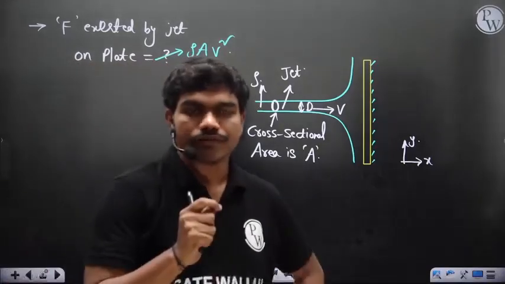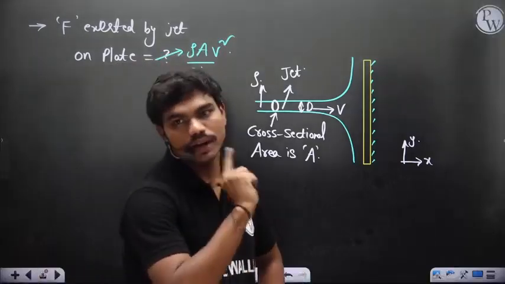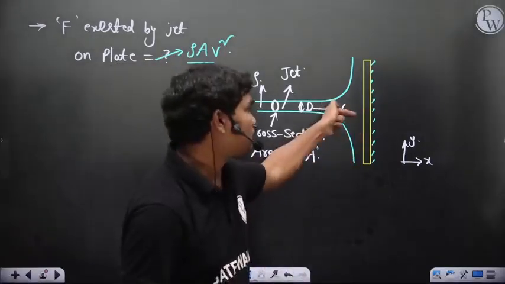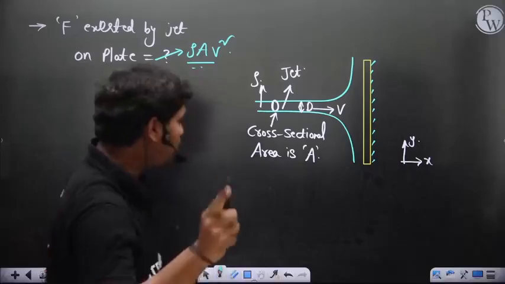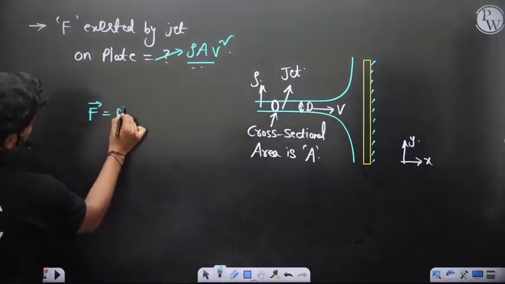Now if rho a v square is the force, then point number 1, this plate, because some force is being exerted. Normally, suppose you wrote F is equal to mass into acceleration.